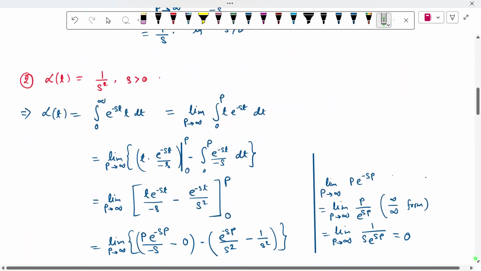Next, we want to find the Laplace transform of t. So L{t} will be the integral from 0 to infinity of e to the power minus st, term fixed, and now multiplied by t, because t is the given function. Again this is an improper integral. We write it as limit p tends to infinity, replacing infinity by p, of t e to the power minus st dt.